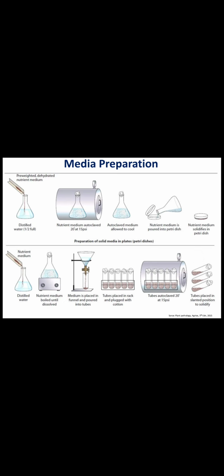Make the total volume of the medium 1 liter by adding distilled water, then add dextrose sugar and the agar powder and sterilize this media in an autoclave, and the potato dextrose agar media is prepared. This is the diagrammatic preparation of the synthetic medium.